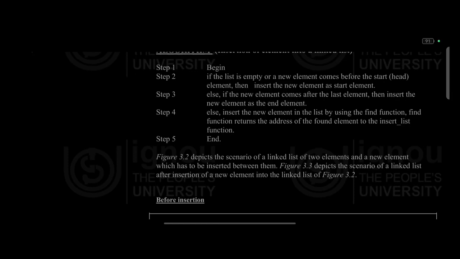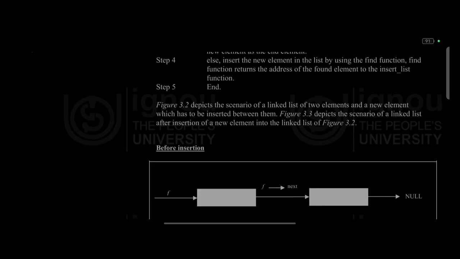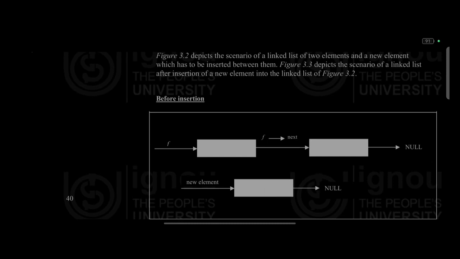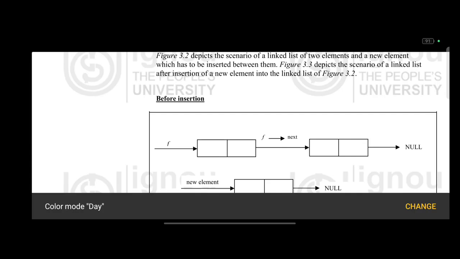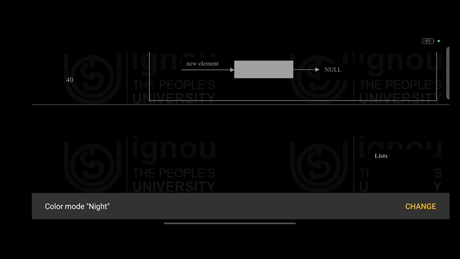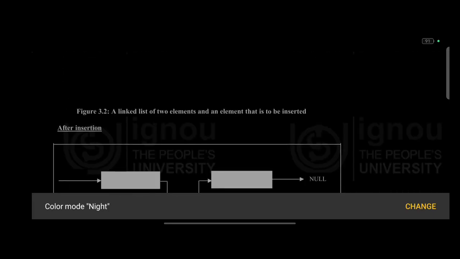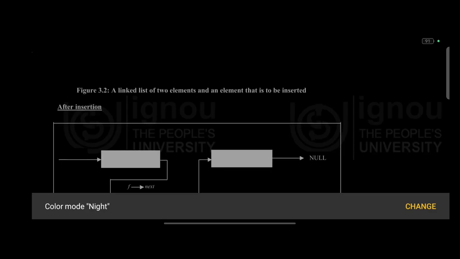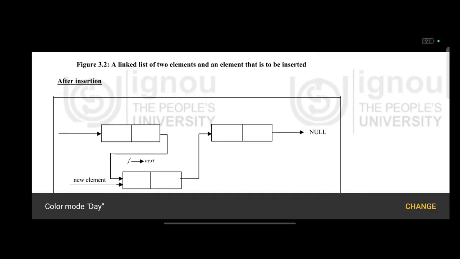Figure 3.3 depicts the scenario of the linked list after insertion of the new element into the linked list of Figure 3.2. Here you can see the diagram before insertion, and then you can see it after insertion.